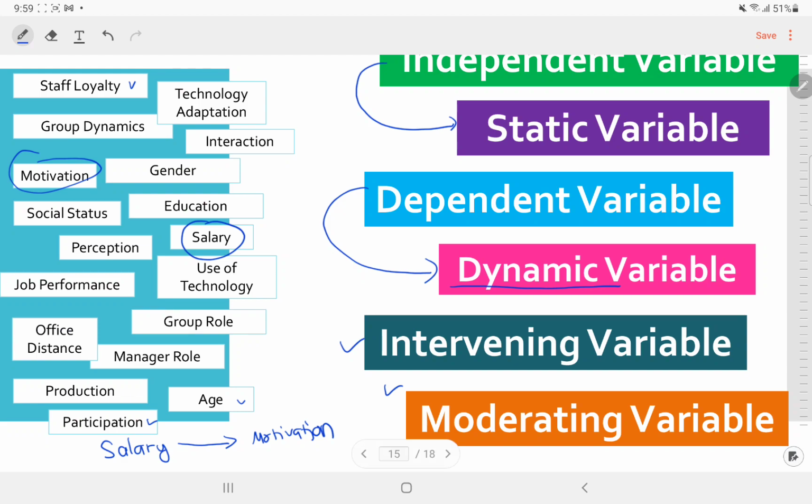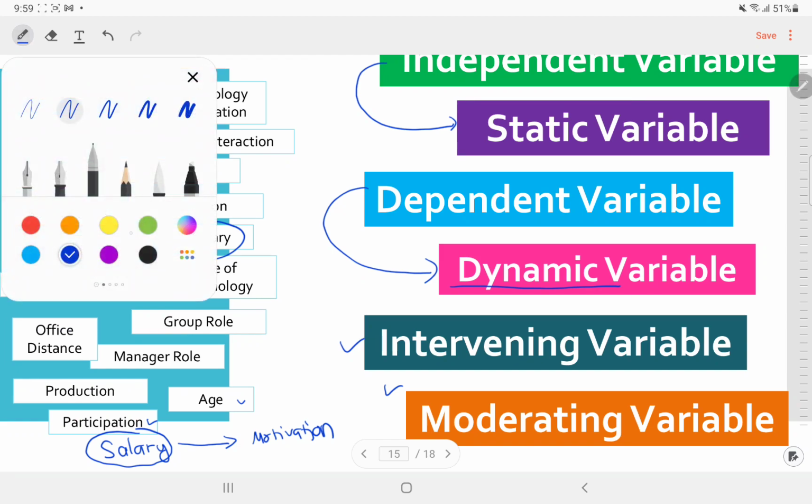If you have a high salary, it can be predicted that you will have high motivations as well. So here, the salary will be the independent variable. Why? Because the salary can influence the motivations and it is not influenced by the motivations. It will be a static variable.